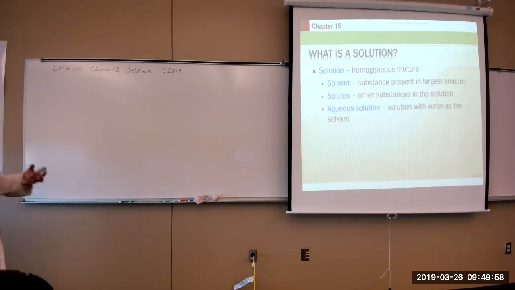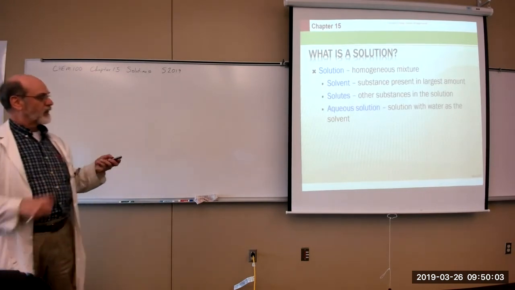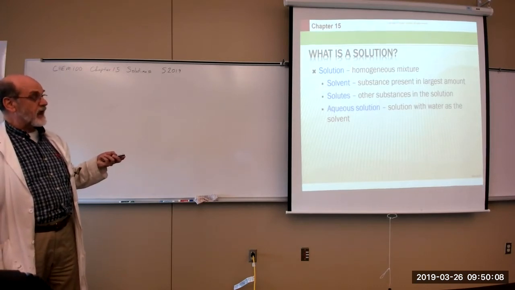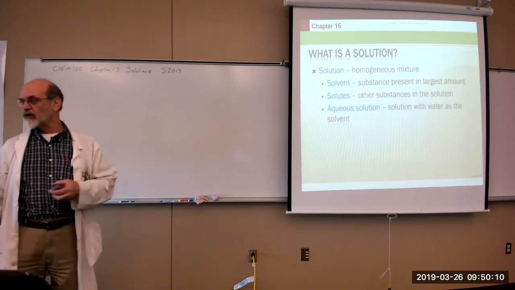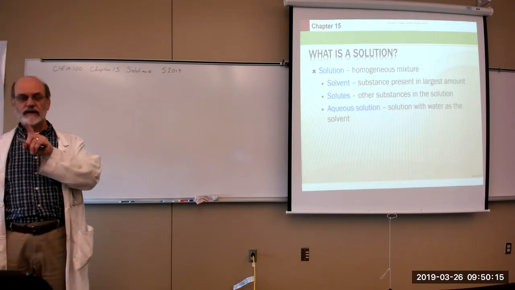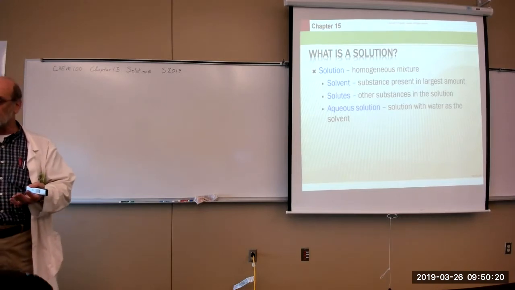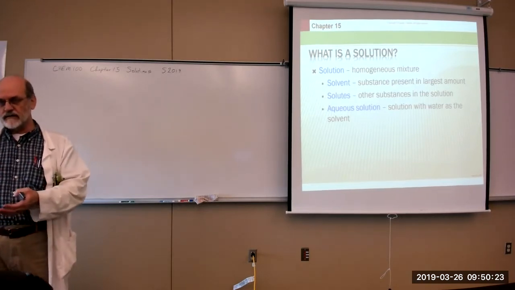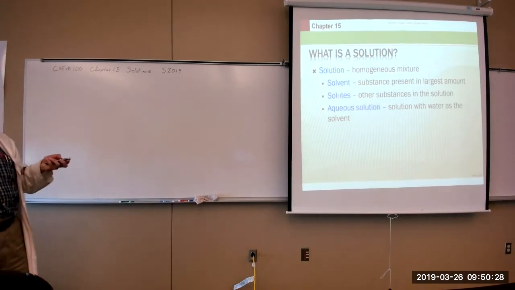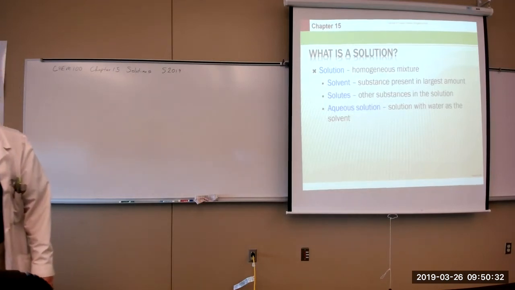Okay, terminology. When we define a solution, we've got a solvent, which is most of the time the substance that's present in the largest amount. You always have just one solvent. You can have one or more solutes. That is, the substance that's the minor component is dissolved in the solvent. You could make a sugar and salt solution, for instance.